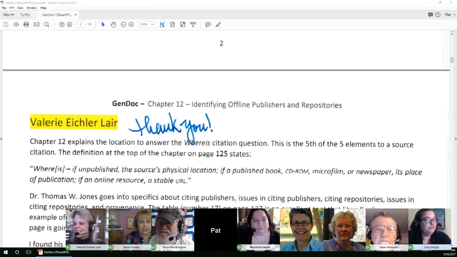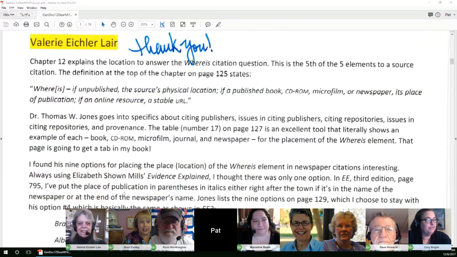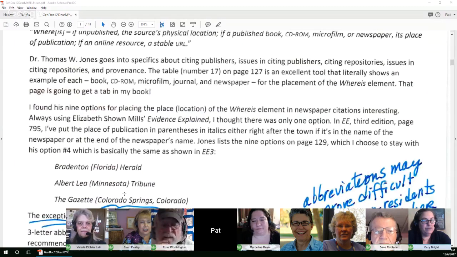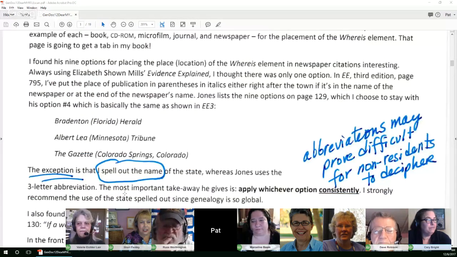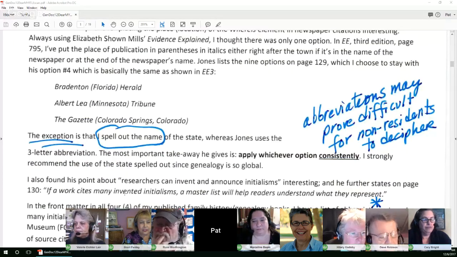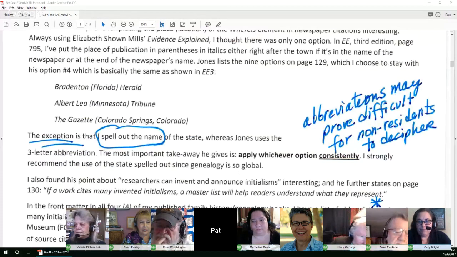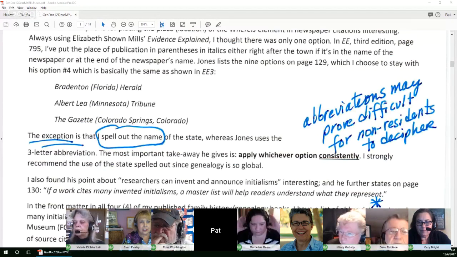And so we're talking about the exception of spelling out names of states. Whatever a 3-letter abbreviation for the name of a state, that's not going to help Hillary. Right.